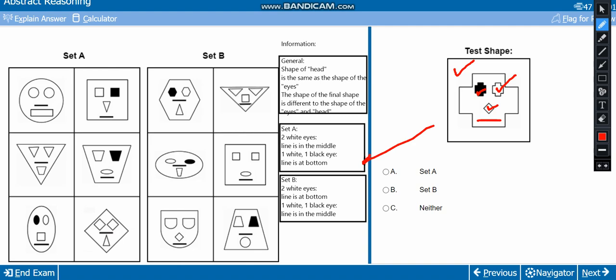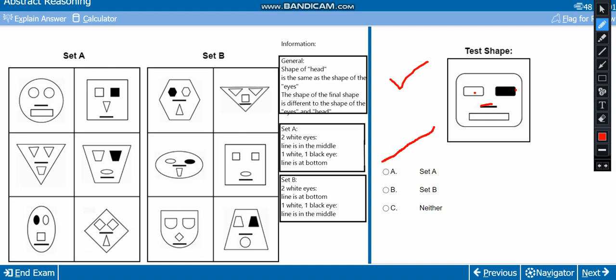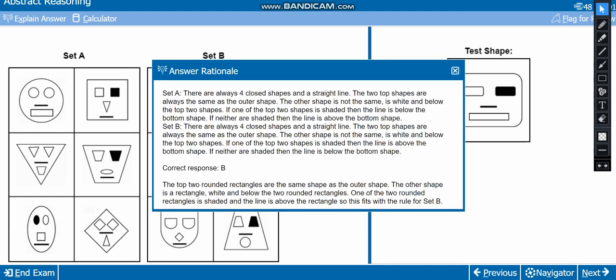And again, this follows the rule of set A, therefore we can conclude that the answer to this question is set A. And now we have here one white eye, one black eye, and the line is in the middle, and the two general rules are followed, and we can see this matches up to the rules found in set B, therefore we can conclude that this shape would belong to set B. And here's the answer rationale to all the questions so far.